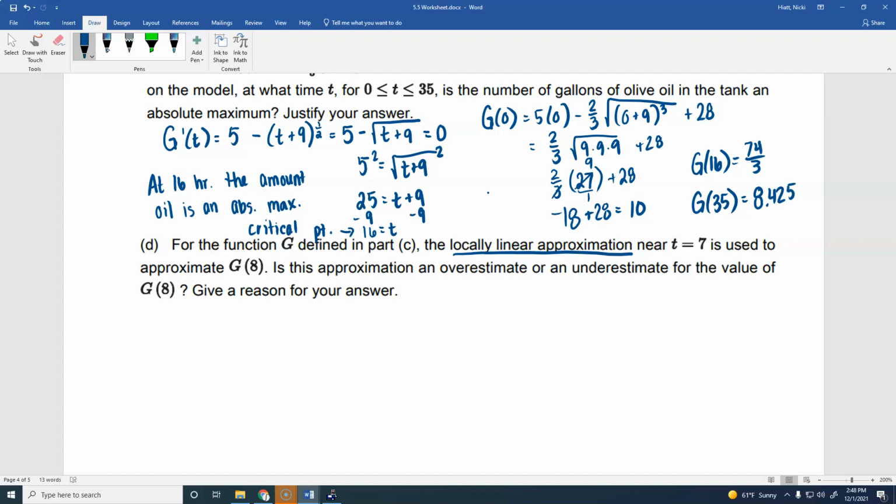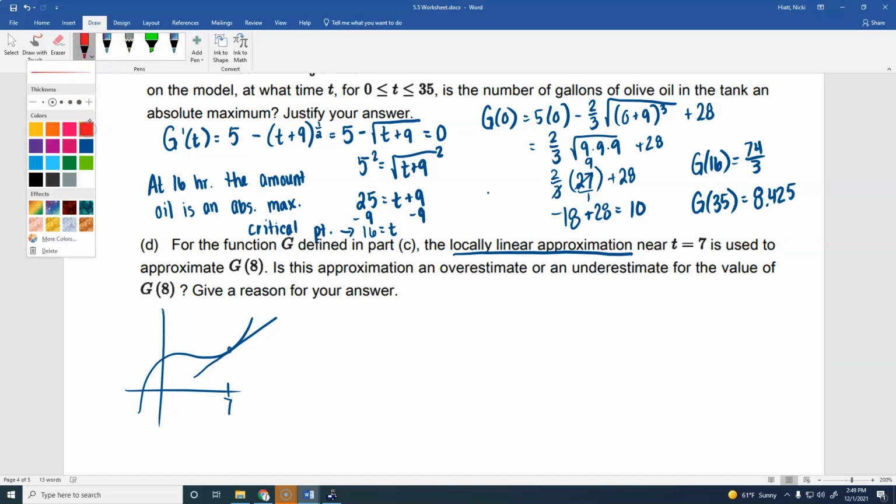So this is the idea that if I have some sort of function, I don't know what this looks like, and let's say that right here at 7, I have a tangent line. But for some reason, 8 is really hard to plug in, or I don't have the information I need for 8 there.